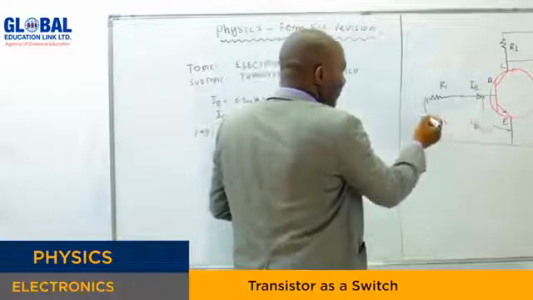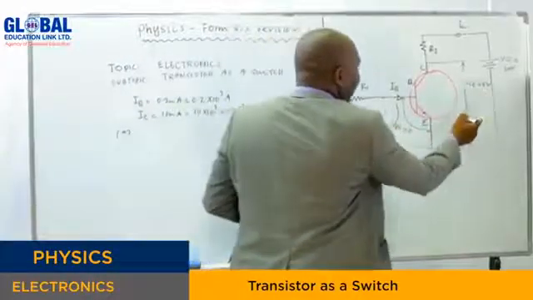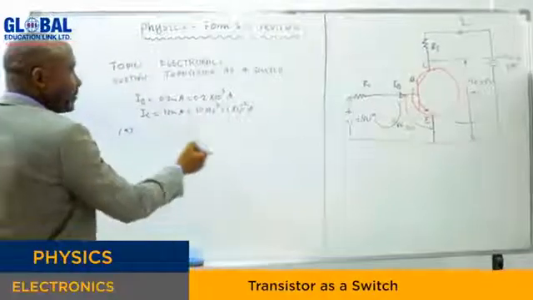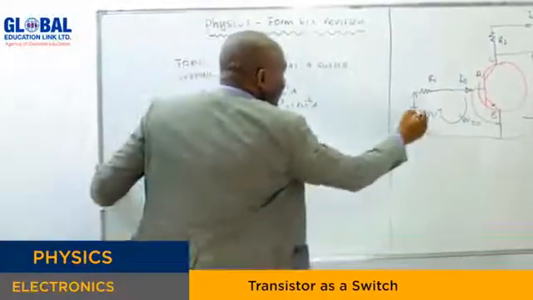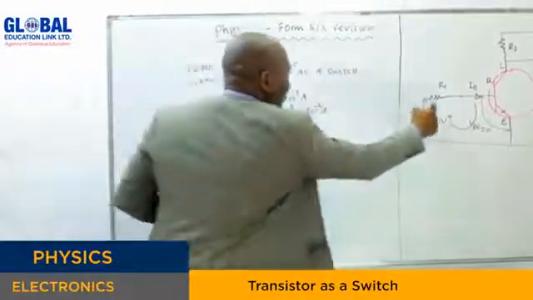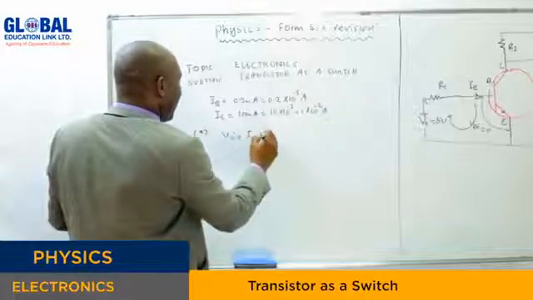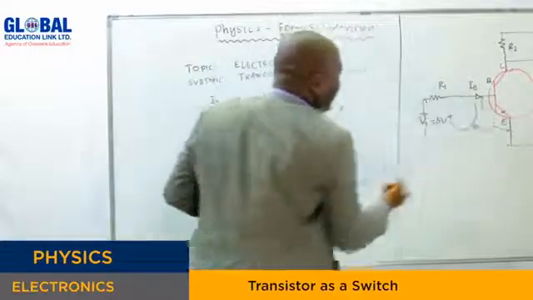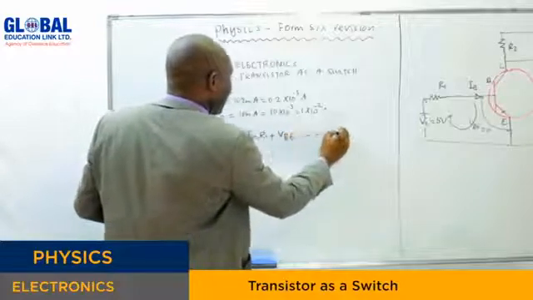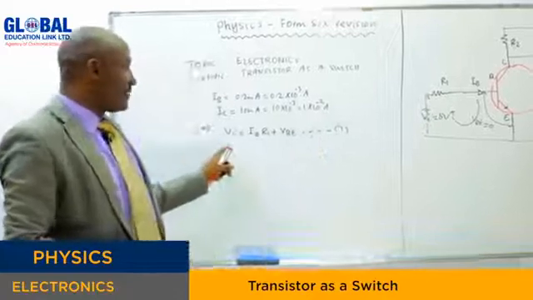If you remember, when you're applying Kirchhoff's law in this loop 1 and 2 for the input, you have the input voltage equal to the voltage across R1, which is the base current times R1, plus the voltage across the junction, VBE. This gives us the equation which governs the input circuit.